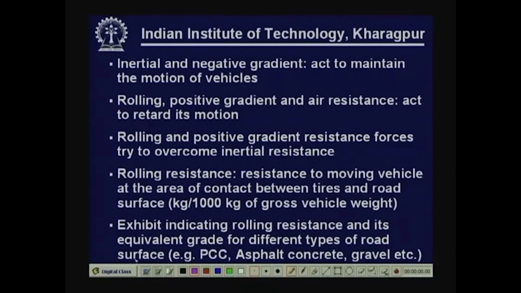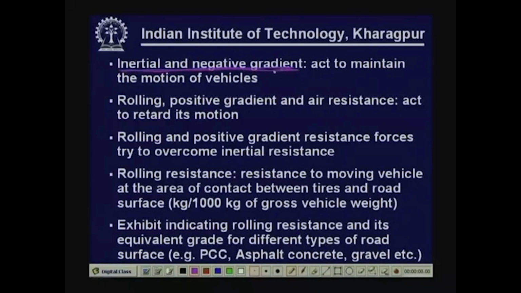Now, inertial or negative gradient. What does inertial resistance do? Inertia means it will help the vehicle body to maintain its original condition. That means, if the vehicle is in movement, this inertial resistance will help the vehicle to maintain that movement.